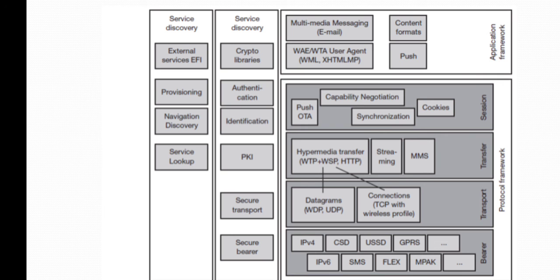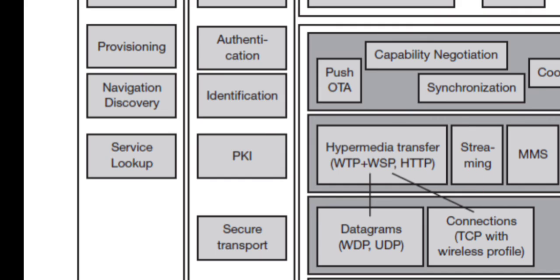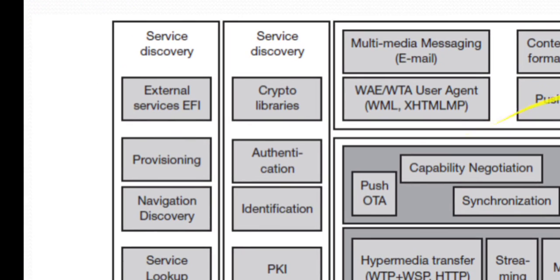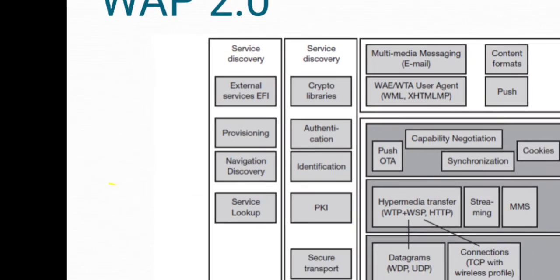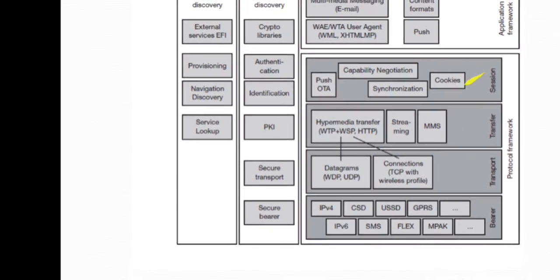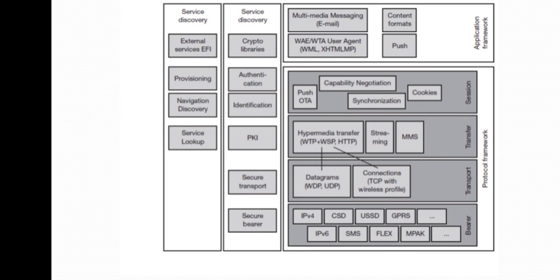And over there, you also have the cryptographic libraries. The cryptographic libraries are needed for signing data at the application level. And here you can also see the authentication.